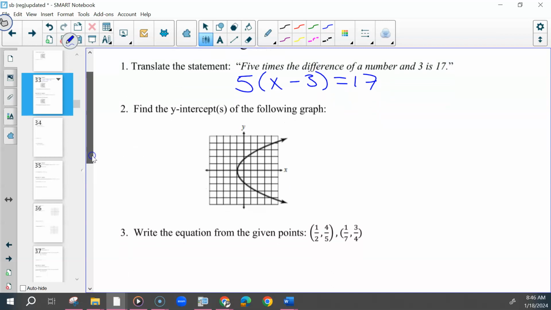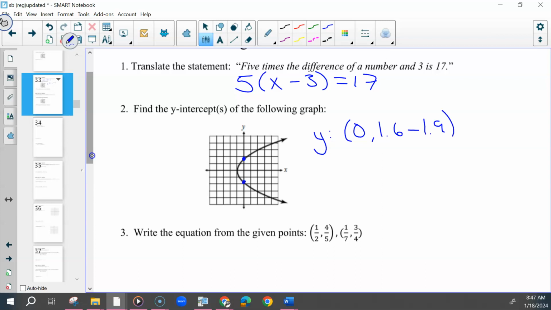The y-intercept of this, you can guess. Because they're not on an integer, you can guess whatever that is, as long as it makes sense. So something between 1 and 2, like 1.6 to 1.9. Any of those decimals in between there would work. You don't have to put that.